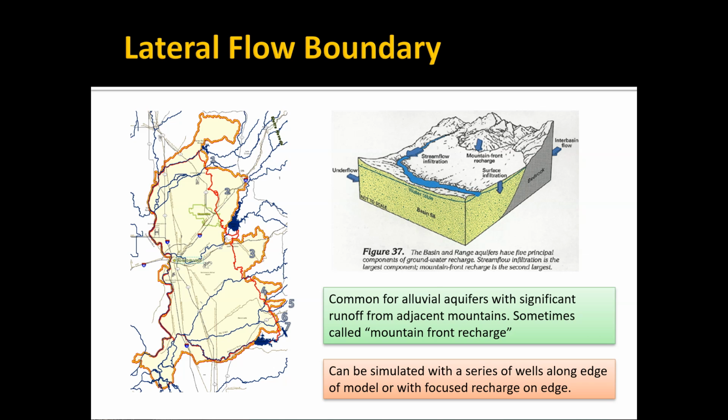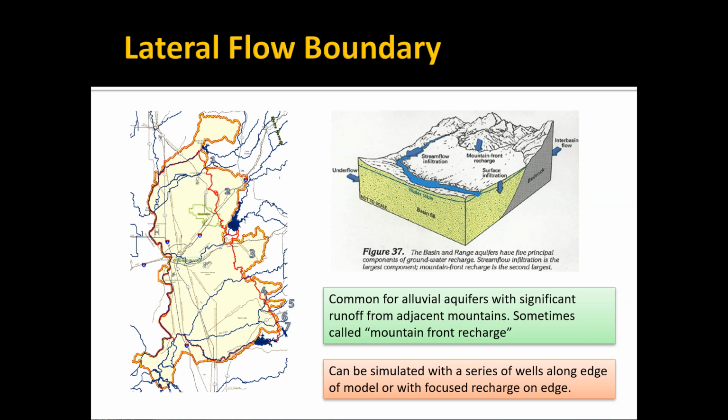Where you have runoff in the spring coming from the mountain range, snow melt, or runoff through a thin superficial layer of soil that then goes into the edge of your basin as a form of lateral flow.